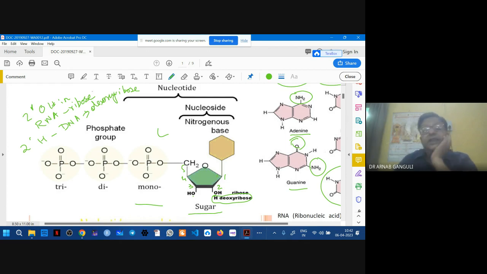So this is essentially the structure. What is a nucleotide? It has a monophosphate, the sugar and the nitrogen base. When you talk about a nucleoside, you exclude the phosphate, and only the sugar and the base make a nucleoside. Are you clear about this? Yes, sir. Okay.